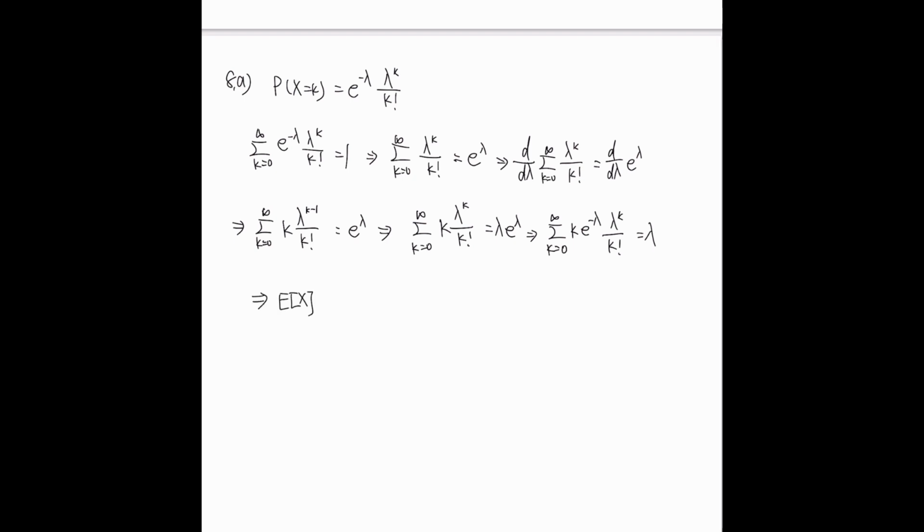So E of x equals the sum from k = 0 to infinity of k e^(-lambda) lambda^k over k factorial, which equals lambda.